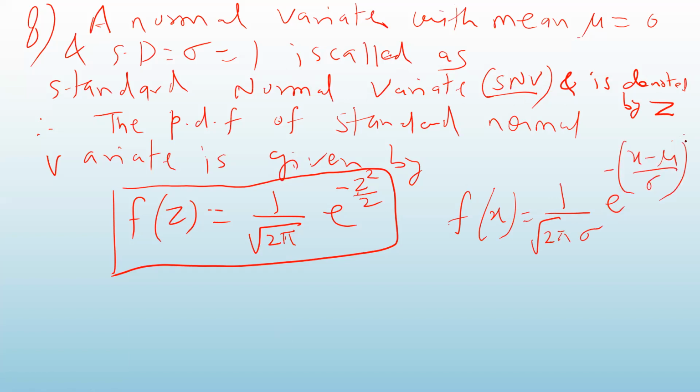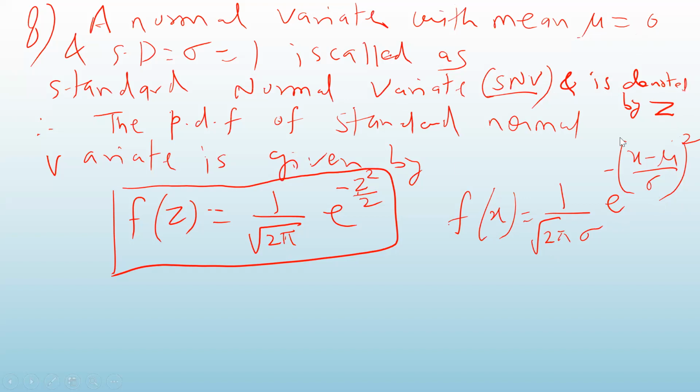Okay, so this looks very complicated. So what we do here, if you standardize your normal variate by taking mean as 0 and standard deviation as 1, you put mu equal to 0 and sigma equal to 1. So you will get x equal to z. Standard normal variate is denoted by z.